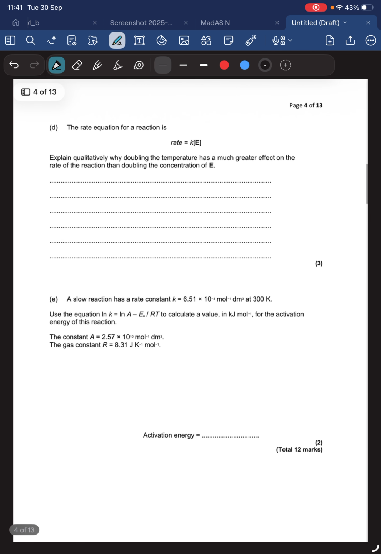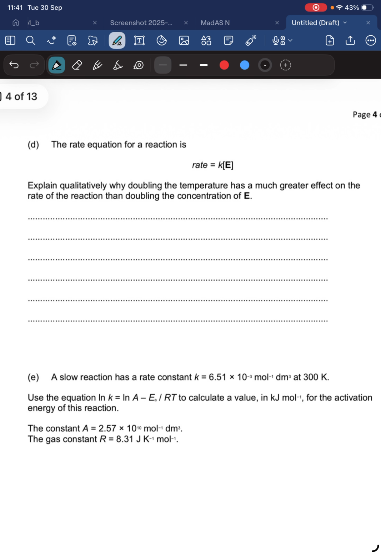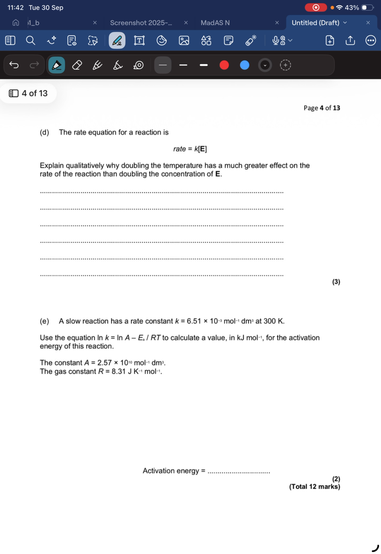Okay, next part. So this one is kind of an understanding part of it. So you have to understand what K is, what rate is, what the concentration is about, to really put this into words. So for a reaction to occur, particles must have enough energy, greater than or equal to the activation energy, to react and form a product.